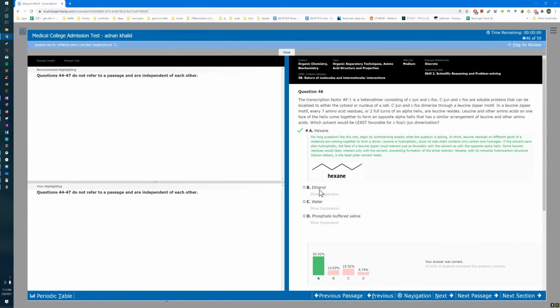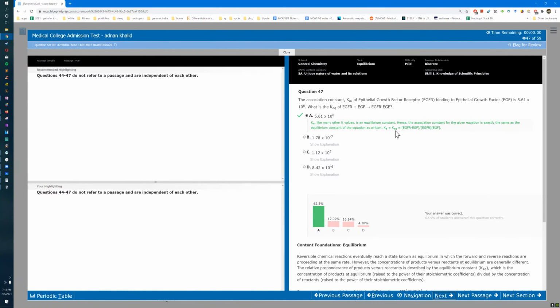Ethanol is polar, won't be it. Phosphate buffered saline is a salt water kind of concentration solution with phosphate, which is basically a negative ion, basically polar and stuff. Hexane is the only thing that's nonpolar, so it won't be soluble in that.